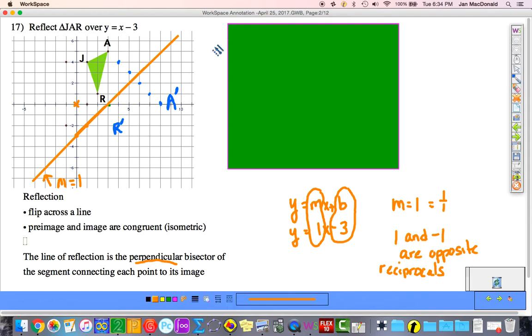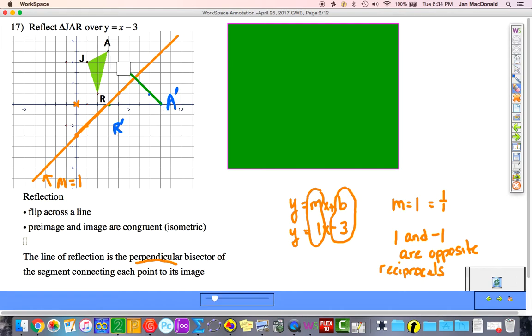And again, if we drew the segment connecting A to A prime, we would see that our line of reflection right here cuts that segment in half, it bisects that segment, and it forms a right angle with that segment. So again, the line of reflection is the perpendicular bisector of the segment connecting each point to its image. Here, the original point was A, and its image is A prime.